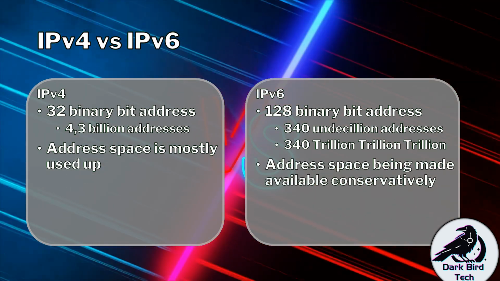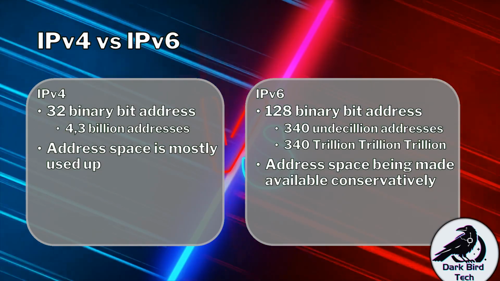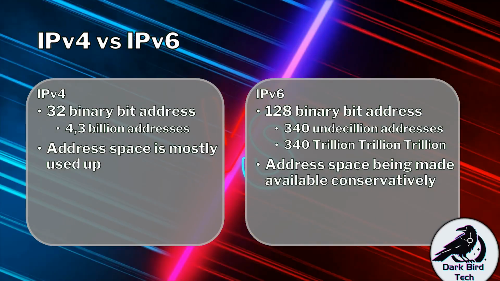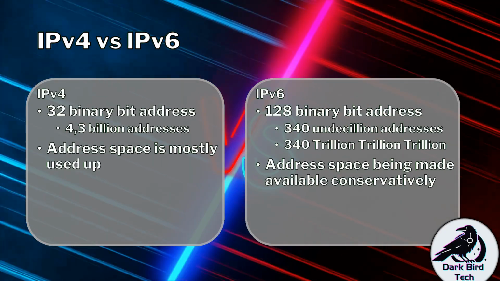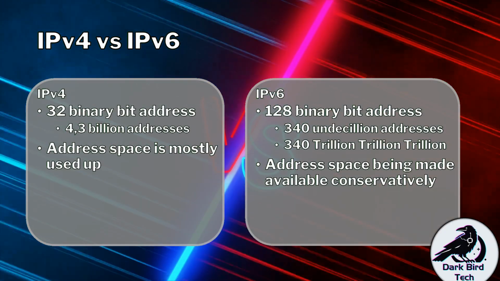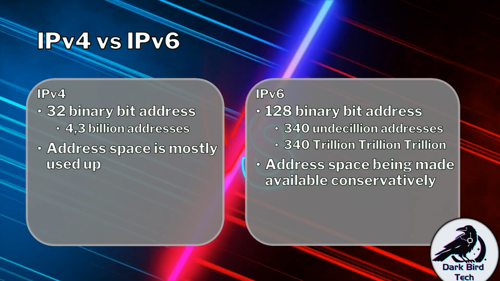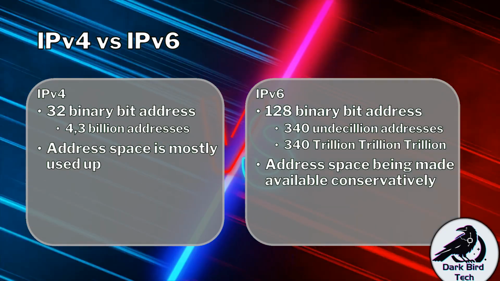Whereas with IP version 6, there's plenty of addresses to work with, and the addresses are only being made available in a very conservative manner. The idea is only once a certain block of IP addresses has been used up, will another block of V6 addresses be made available. In other words, we're learning lessons that we should have learned long ago about issuing and giving out public IP addresses.